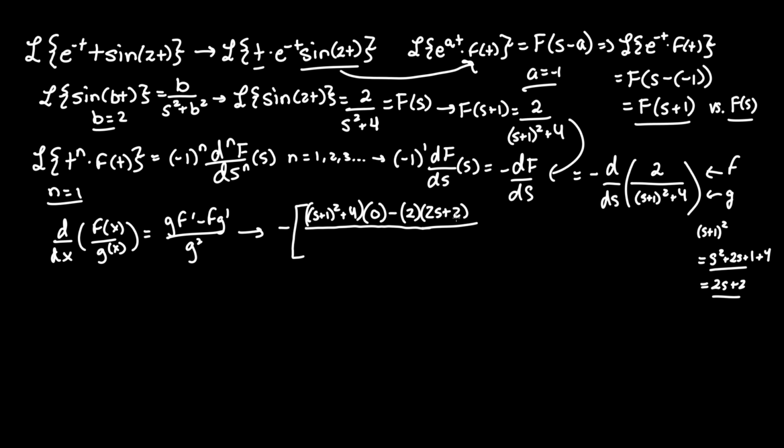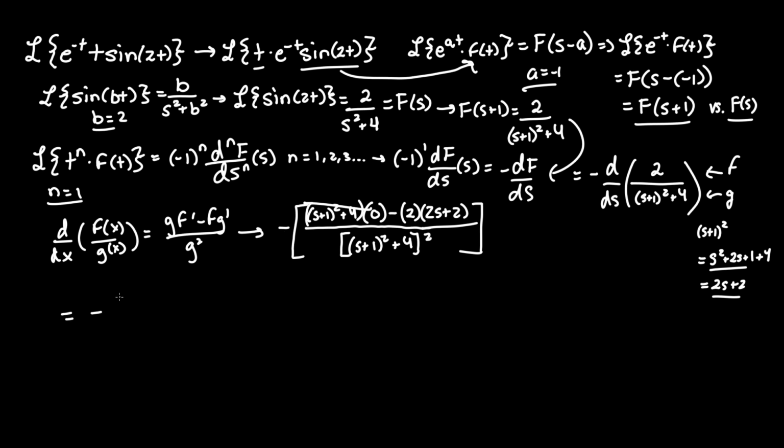And that is the entire numerator. And all we have to do is square the bottom part. I'll just leave that in the exponential notation. So s plus 1 squared plus 4, close brackets, quantity squared, and this should be our answer for this entire Laplace transform. So we can see that 0 is being multiplied by this first term, so we can cancel that out, and we can distribute the 2 into the 2s plus 2, but don't forget about this minus sign.